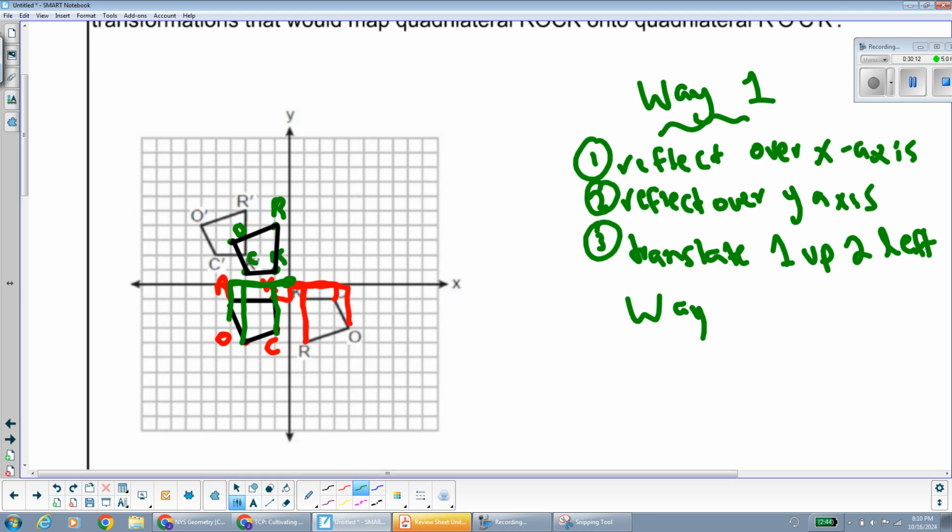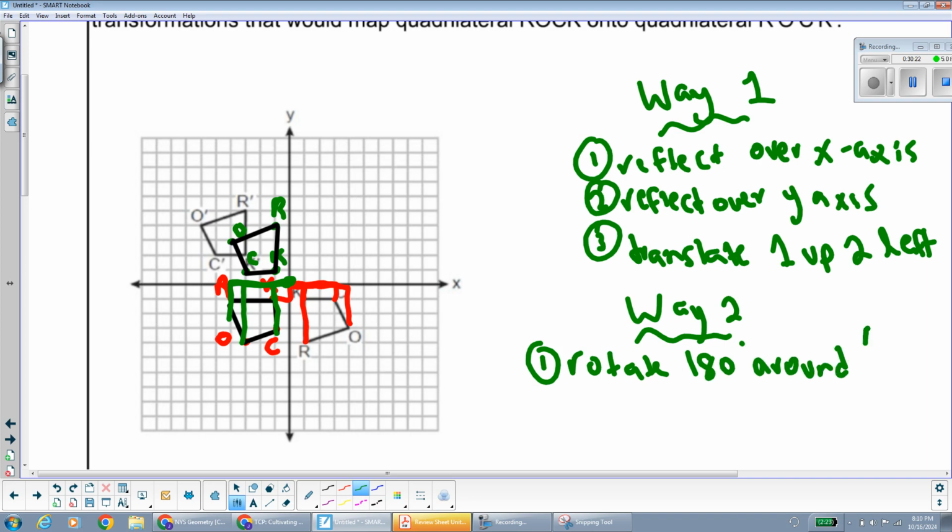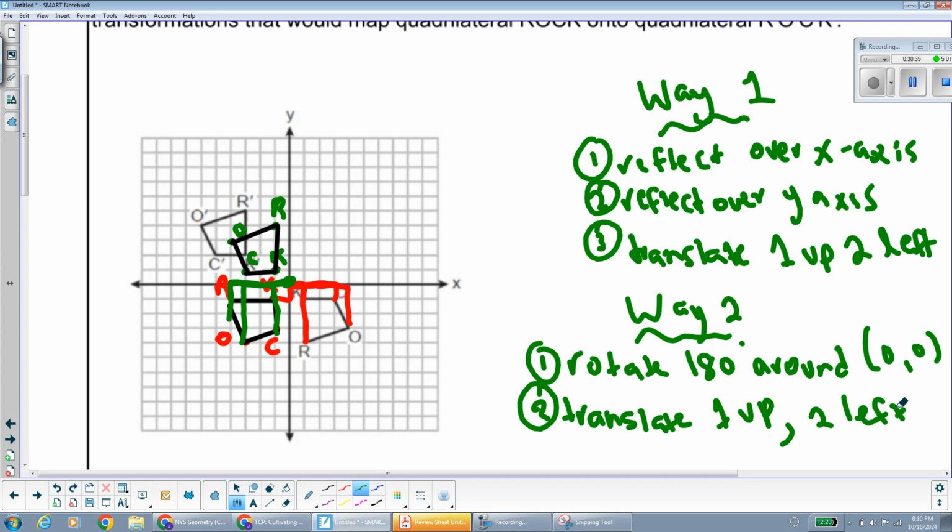Way 2: rotate 180 degrees around the origin, and then translate 1 up, 2 left.